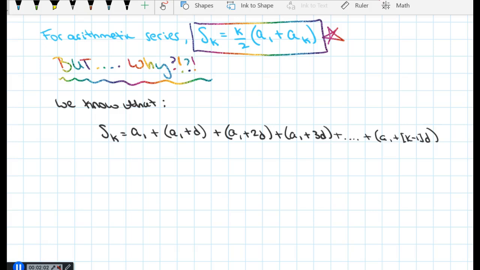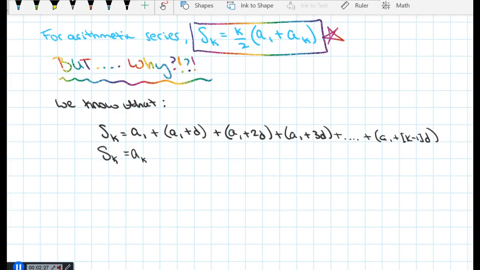I am going to express the same partial sum this way. I'm going to write out this series backwards. You ready? So the very last term is going to be a sub k. That's the last term, right?